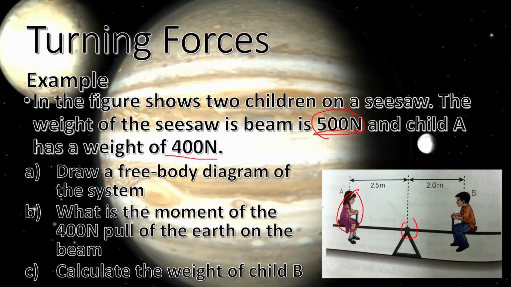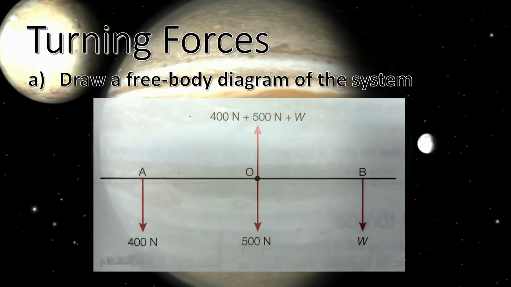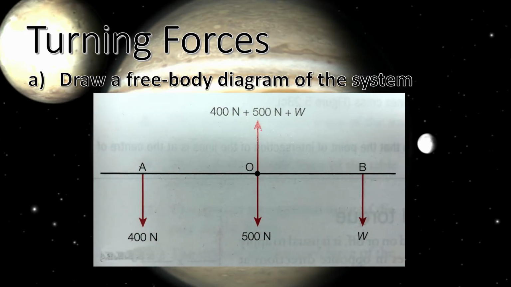Your questions are: first, draw a free body diagram of the system. Second, what is the moment of the 400 newton pull of the earth on the beam? And finally, calculate the weight of child B, the boy. So first, draw the free body diagram of the system. As you can see, the weight of the beam is this one.